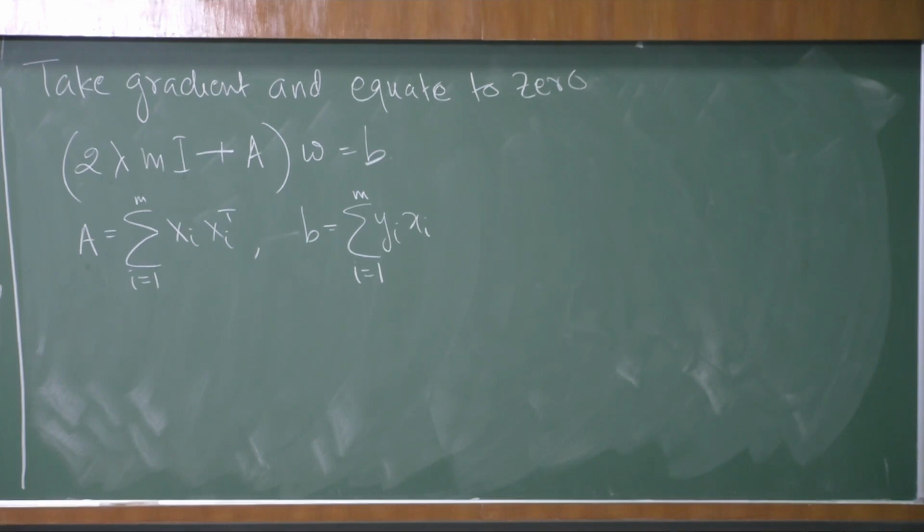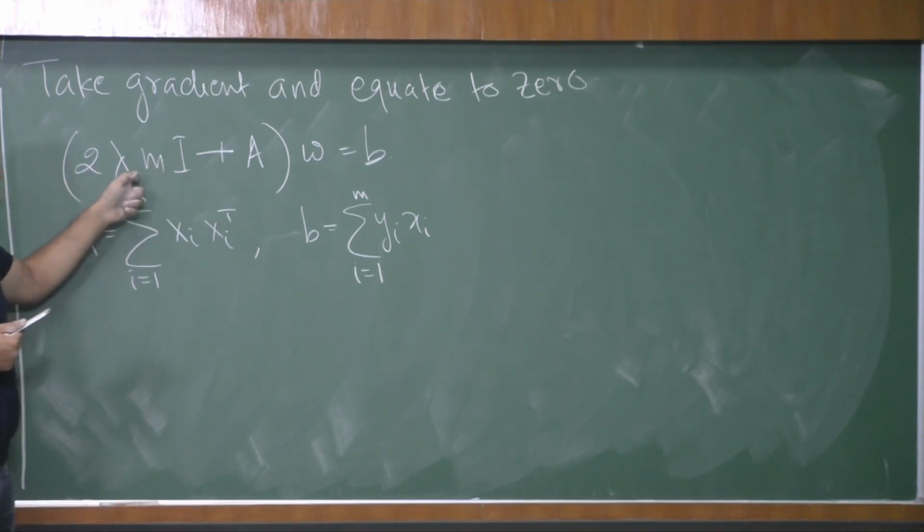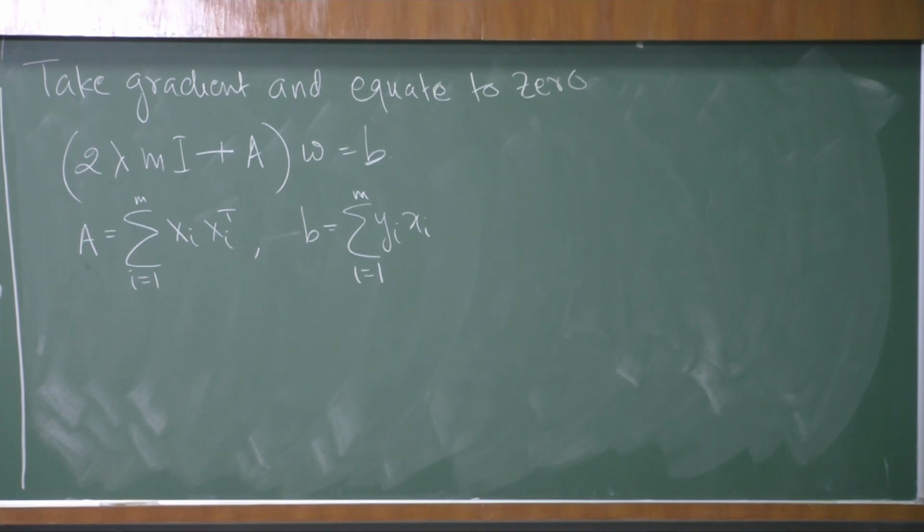Now of course you have a handle with the lambda. If your lambda is very large, obviously you are going far away from the given problem, so you have to see how big a lambda you want. Ideally, if you want to remain close to your problem but still make it non-singular, keep it small, just enough to make it numerically non-singular.